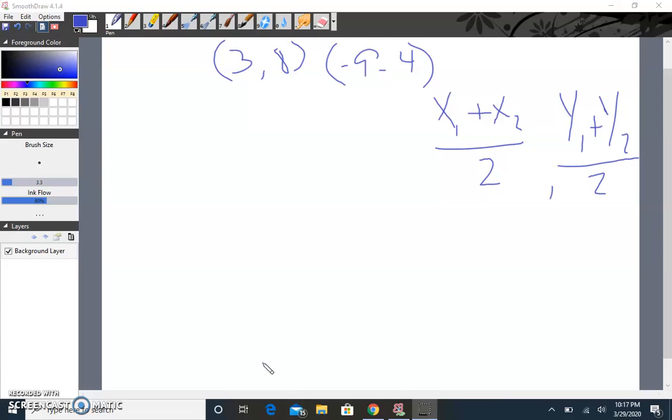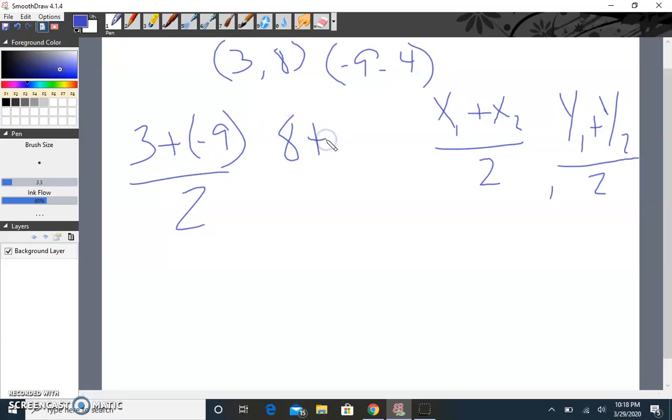So our formula is x2 plus x1, or vice versa, divided by 2. You're adding the x's together. So we take 3 plus negative 9 over 2. And we take 8 plus negative 4 over 2.